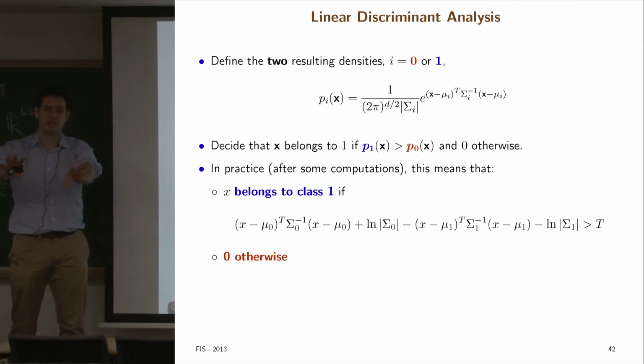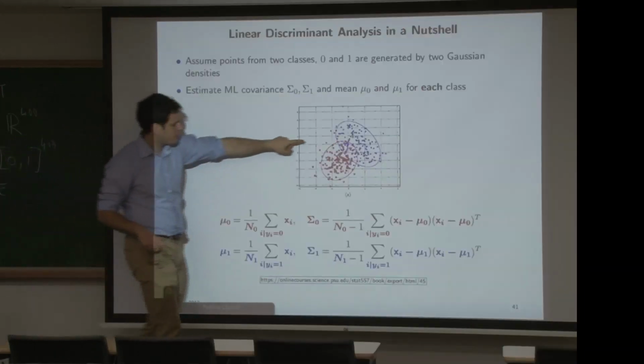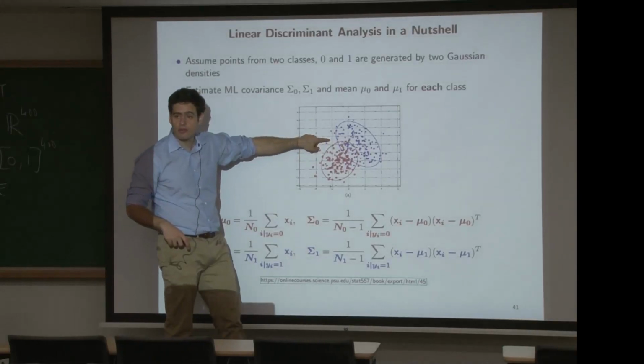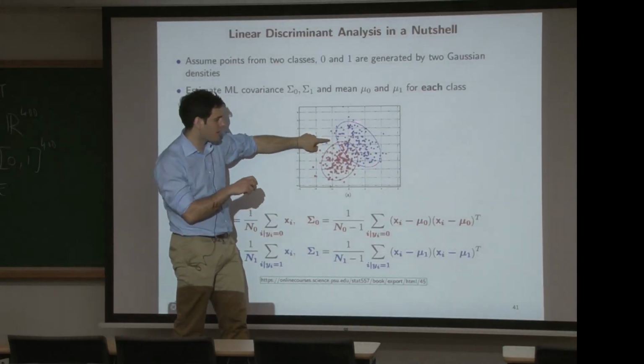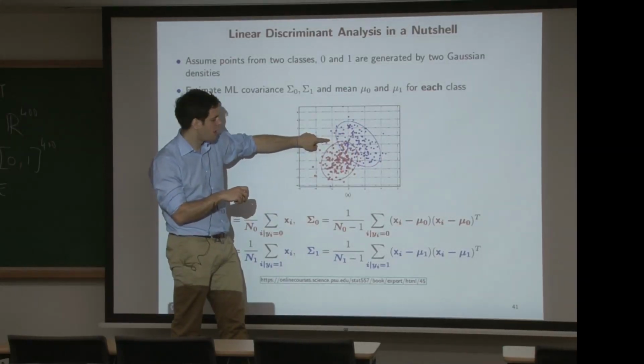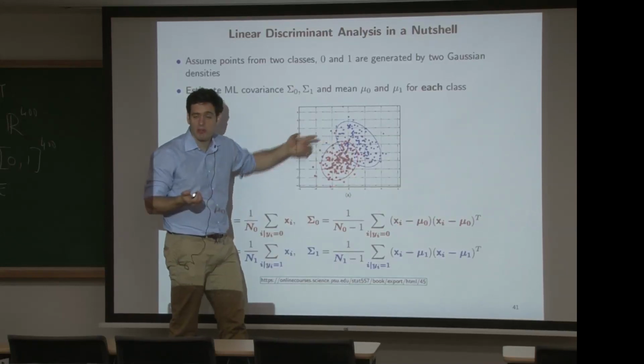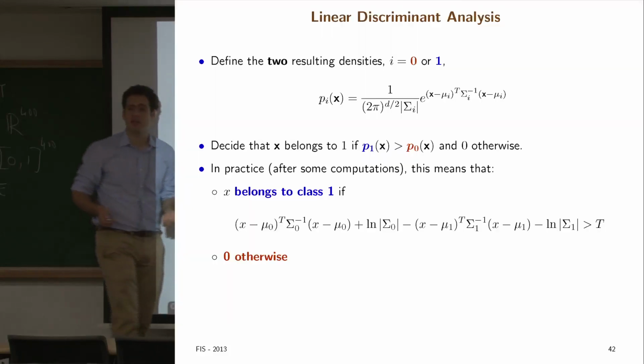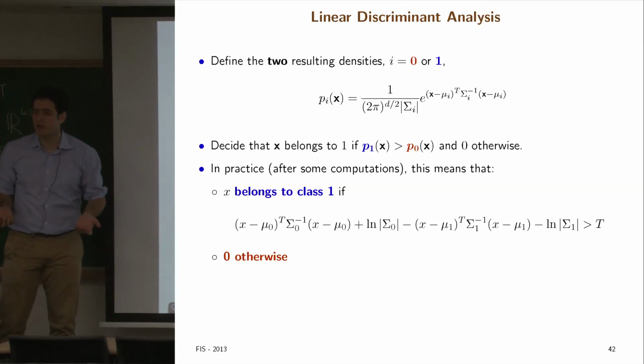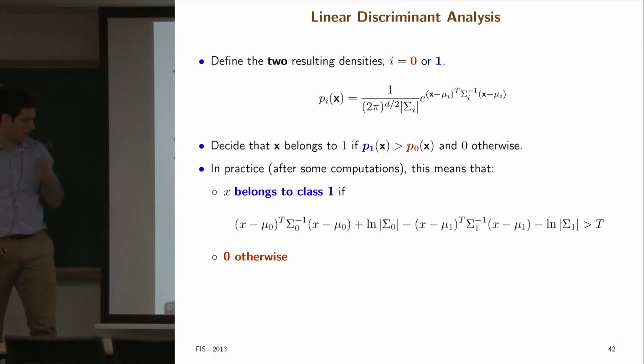In that case, it's a multivariate Gaussian. If a new point arrives here, I will compute the probability that it has been generated by this multivariate Gaussian, or by this one, and the biggest wins. The one that gives me the highest probability wins, and I just decide this.